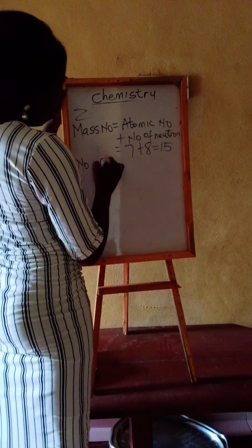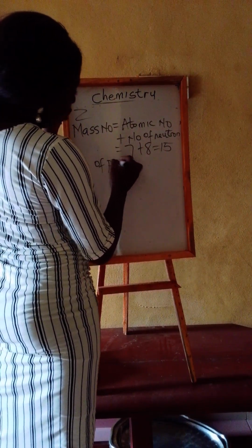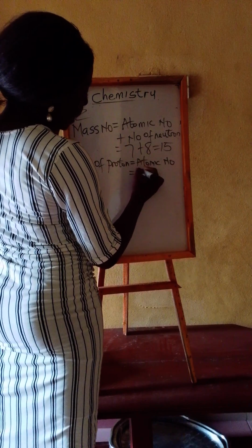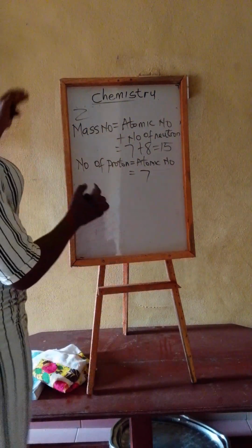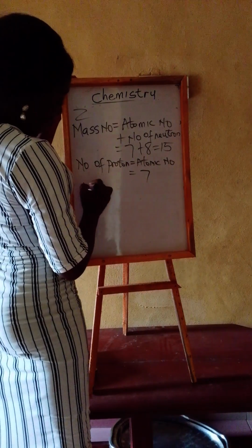The question also asks us to calculate the number of proton. So number of proton equals atomic number, and that is 7. The last one is number of electron.